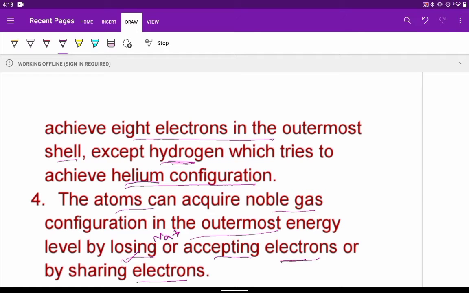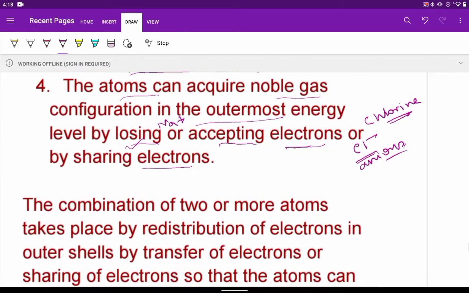Electronegative atoms like chlorine, they can accept electrons and form negative ions, which are also called anions. So chlorine, when it takes up one electron, it also gets its octet completed and thus becomes stable.